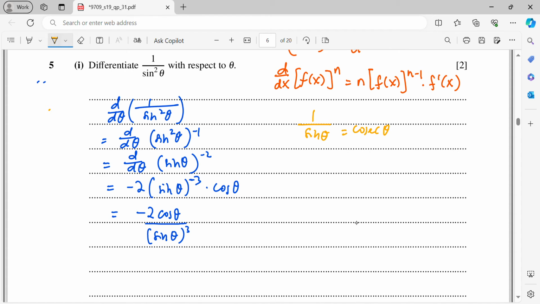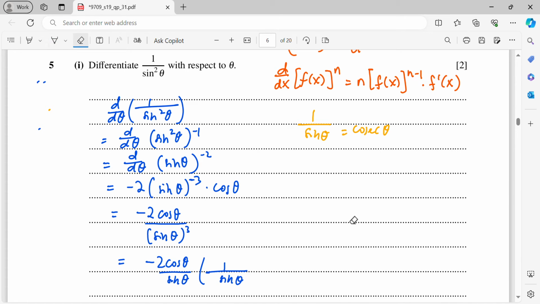So then from here, this is basically -2 cos theta over sine theta, then 1 over sine squared theta. Sine and cos, I can simplify again.